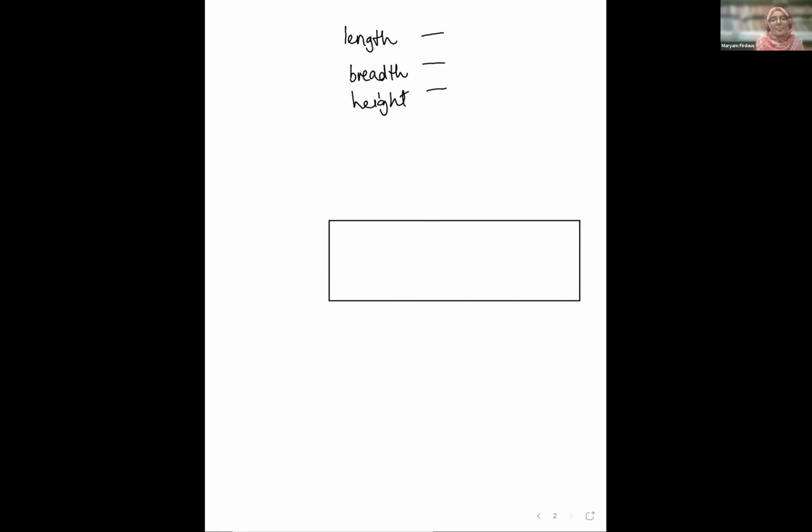Does it have a length? Yes. Does it have a breadth? This is its length. Let me just say the length is in this direction or this dimension. Does it have a breadth? Yes, it has a breadth.